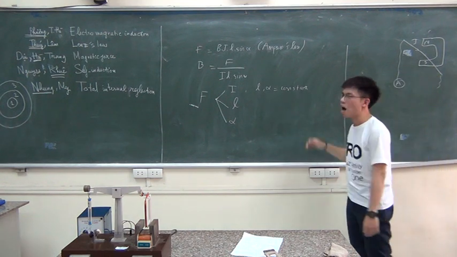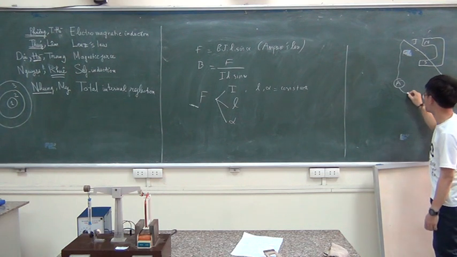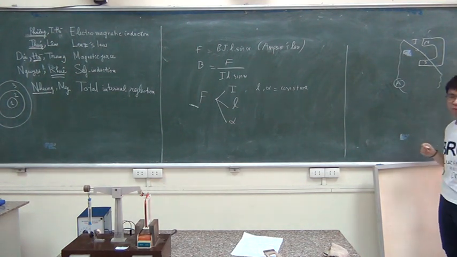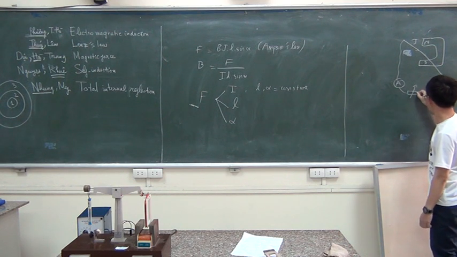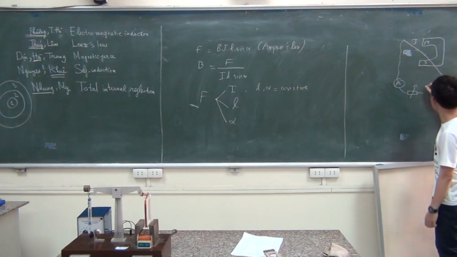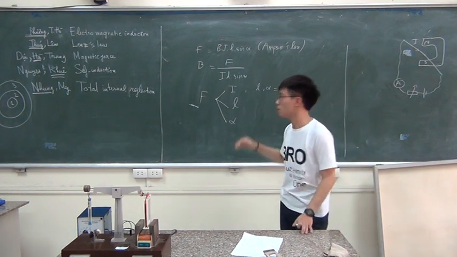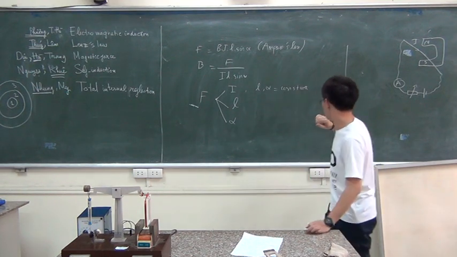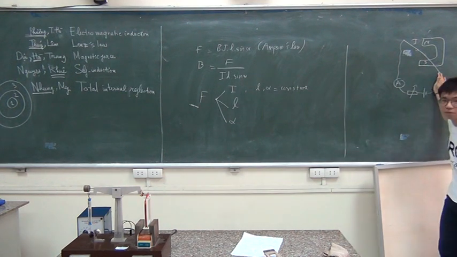And how to change the current? We may use a variable resistor. And of course, we need a battery. And how to change the magnetic field?